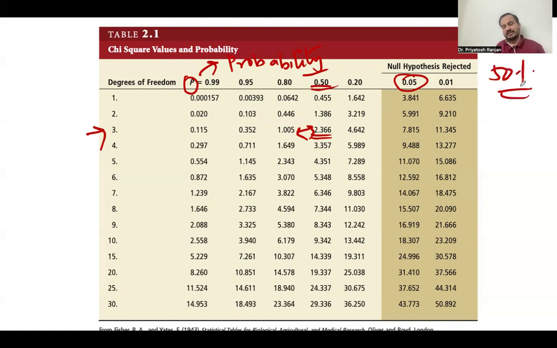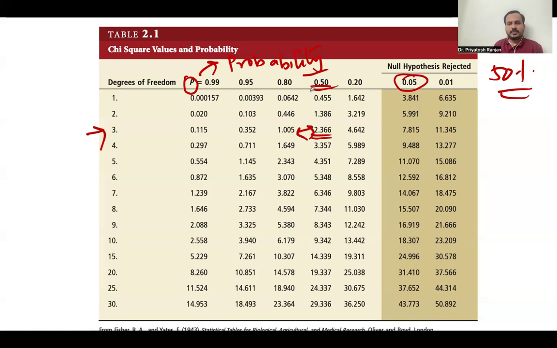It tells me there is a 50% probability that whatever difference I'm seeing between the observed and the expected is just because of a chance event. So the differences are merely because of chance. I don't need to create an alternative hypothesis. I just need to accept the null hypothesis.